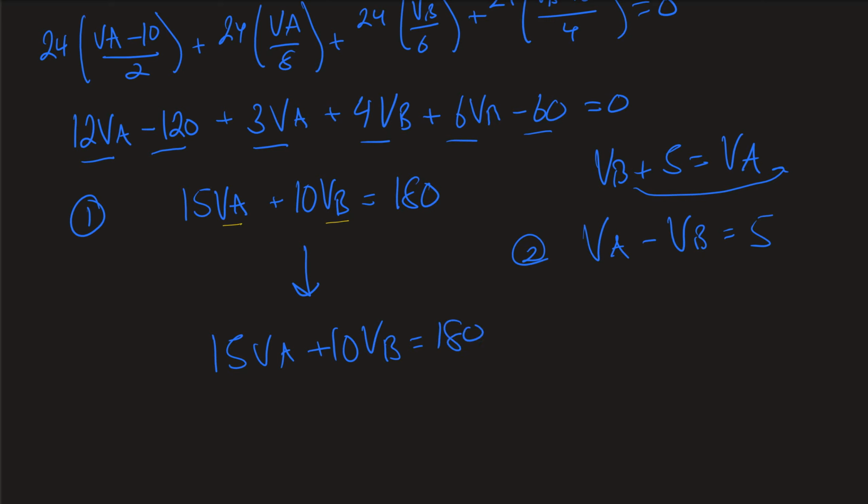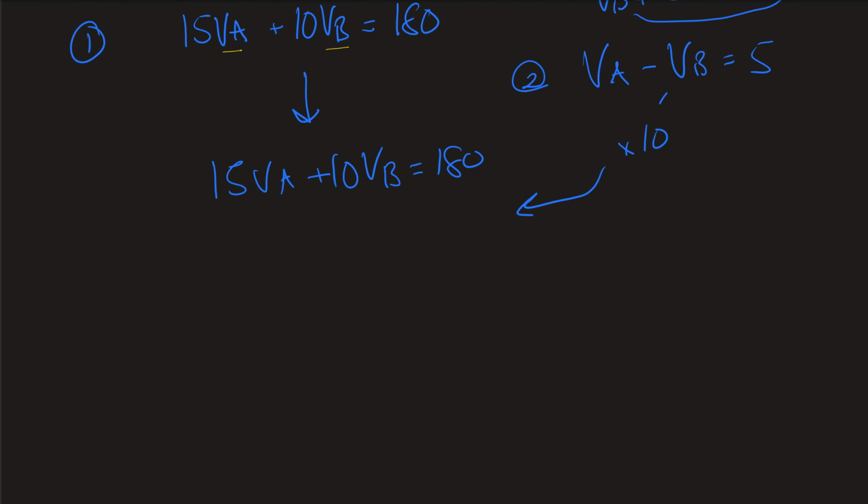And I'm going to take this one and multiply it by 5. Not by 5, I'm going to multiply it by 10, that way the VBs cancel out. That gives me 10 VA minus 10 VB equal to 50. You'll see that these two cancel out, and that gives me 25 VA equal to 230.